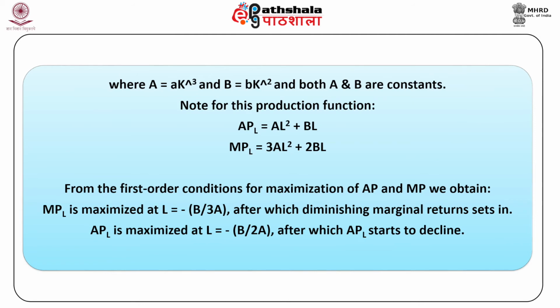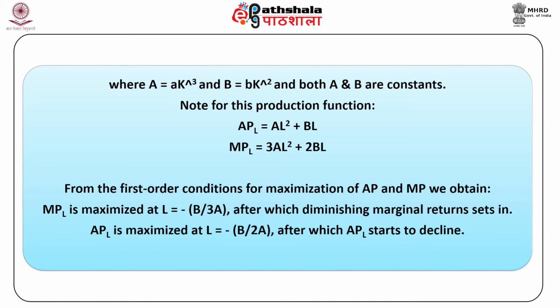Here capital A = small a·K hat³, and capital B = small b·K hat², and both capital A and capital B are constants.